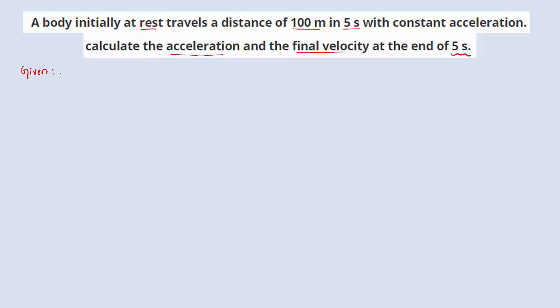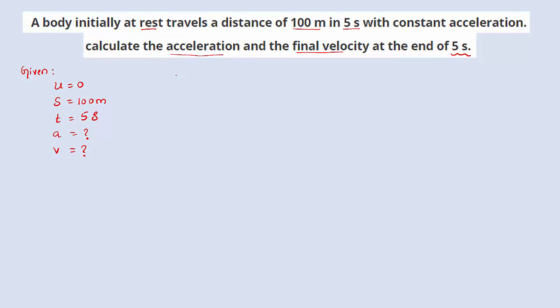A body initially at rest, u equals 0, and it covers a distance of 100 meter, S equals 100 meter, in 5 seconds. Time is 5 seconds. So we have to calculate the acceleration and also the final velocity at the end of 5 seconds.